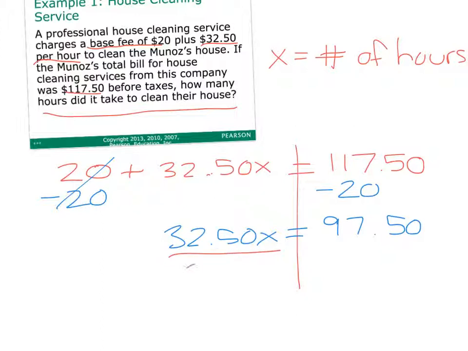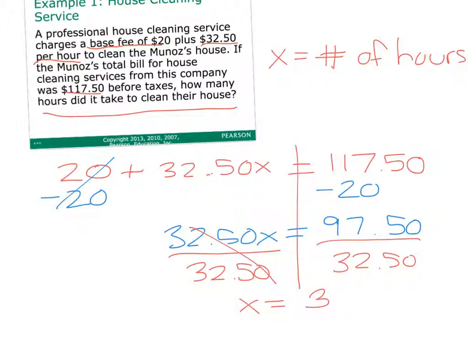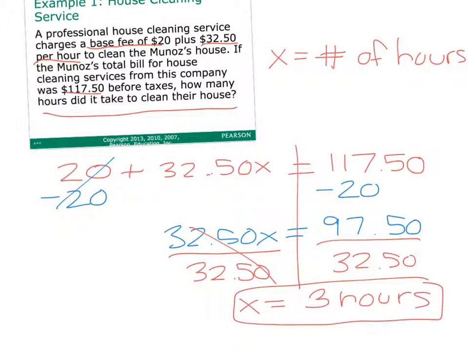The opposite of multiplication is division. So we're going to divide both sides of the equation by 32.50. We'll have our x isolated, and 97.50 divided by 32.50 is 3. And remember, x represents the number of hours that the people cleaned, so you should label your answer. The cleaning team worked for 3 hours to get the job done.